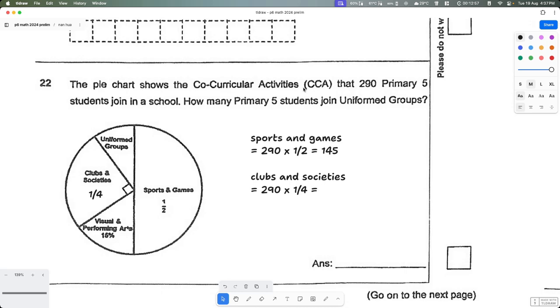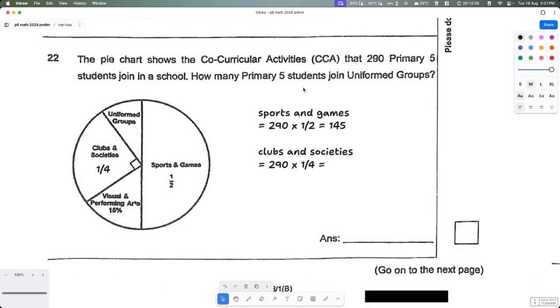But the thing is, one quarter will then make it 0.25, which is a bit weird, to be honest. Okay, so in this case, what we can do is we can make this into percentages, right? So we have 100% times half, because we have percent here. This would then be 50%.